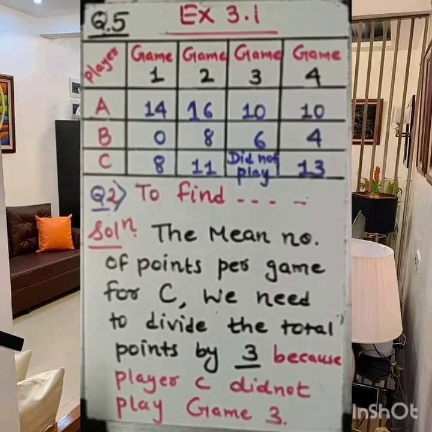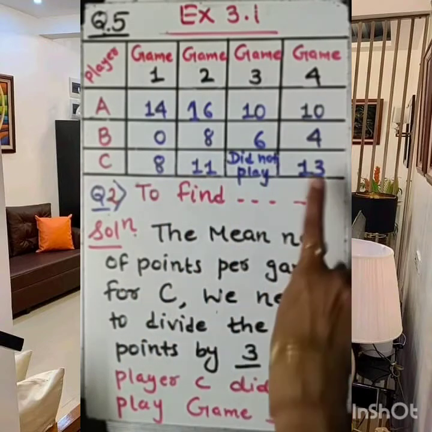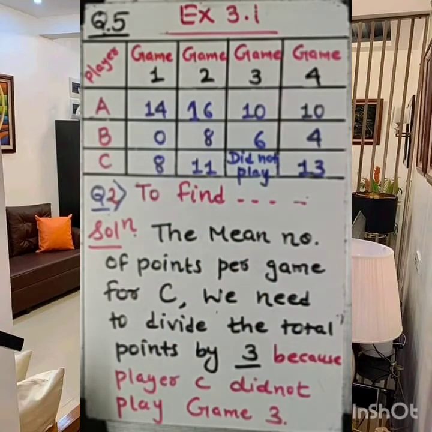The reason behind that, he is not playing game 3. So the total number of games played by him is 1, 2 and this 3 only. So 3 games out of 4 he is playing. So the answer is, we will consider 3. Clear?